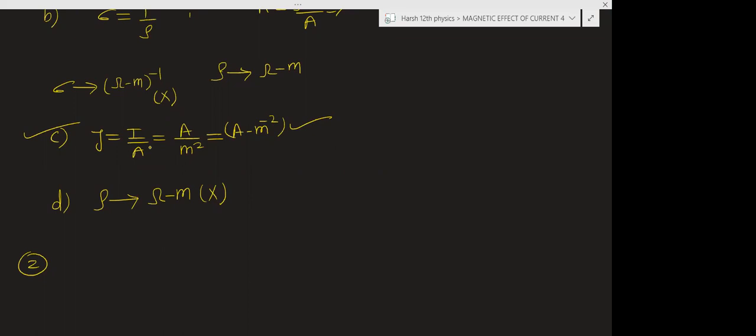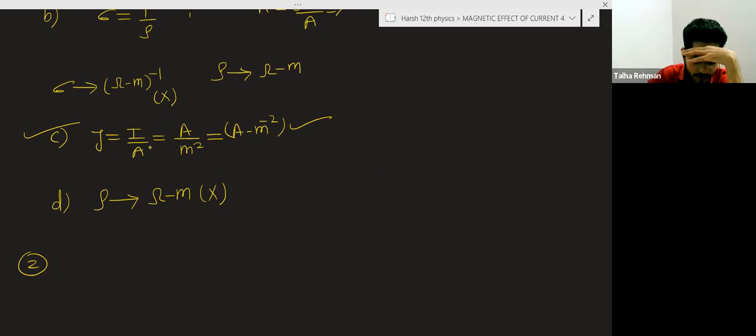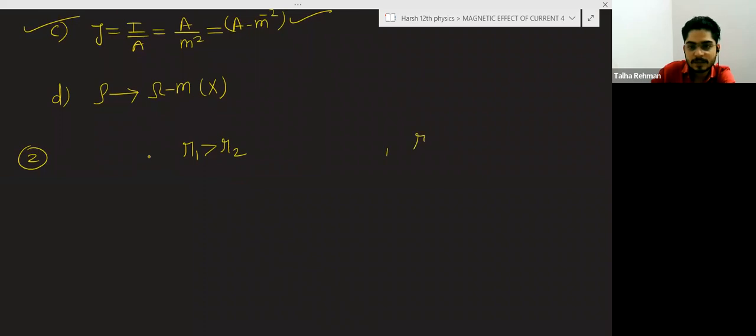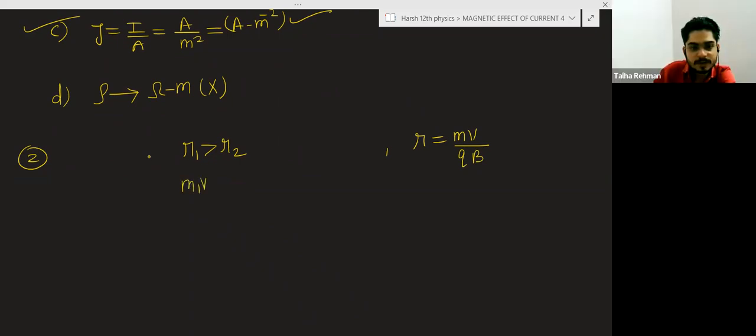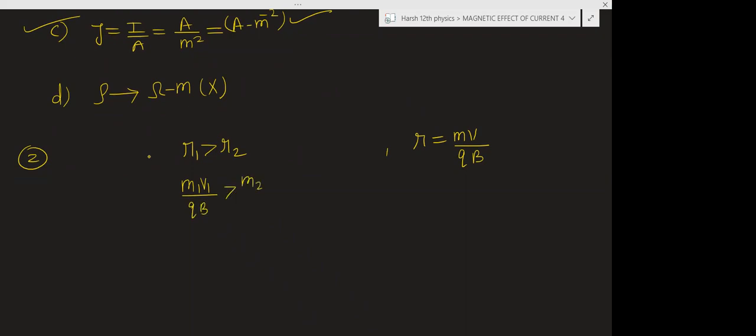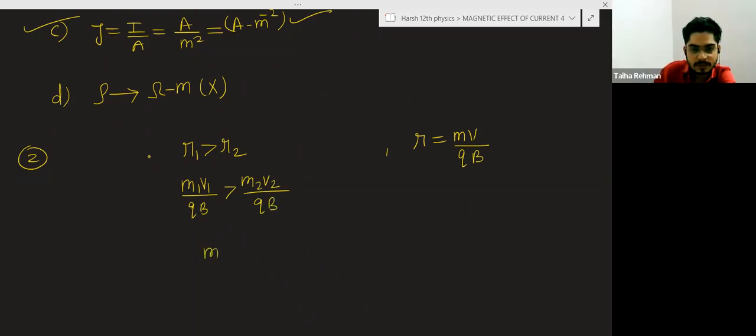If the radius of the circular path followed by particle r1 is greater than r2, the formula for the radius is mass into velocity divided by charge into magnetic field. So m1 v1, charge is same, magnetic field is same, over m2 v2, so those cancel out.